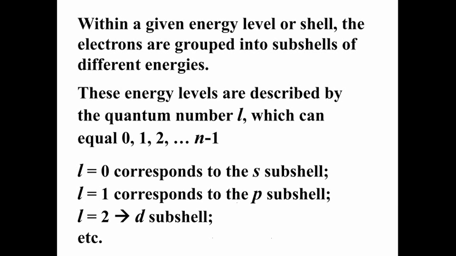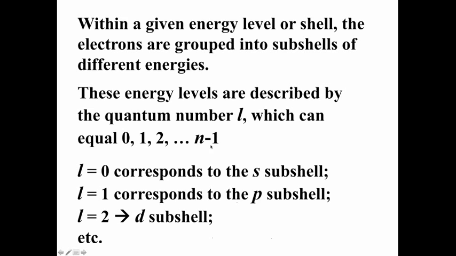Now within a given energy level or shell, the electrons are grouped into subshells, which also have different energies from other subshells. These subshells are described by the quantum number L, and L can equal 0 or 1 or 2 or anything up to 1 less than the principal quantum number.